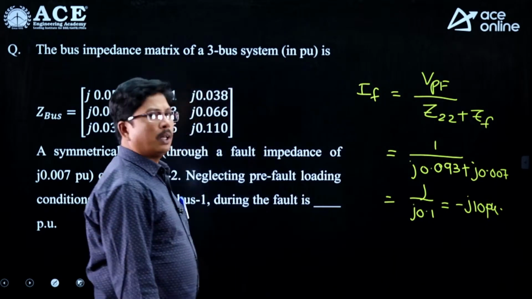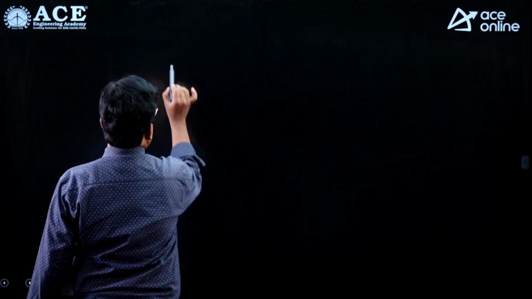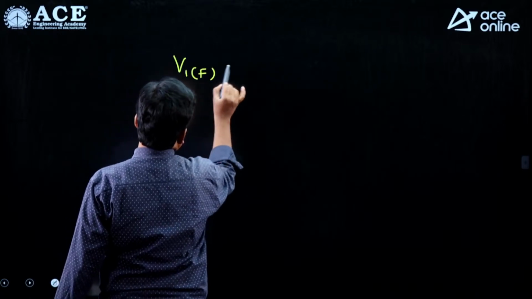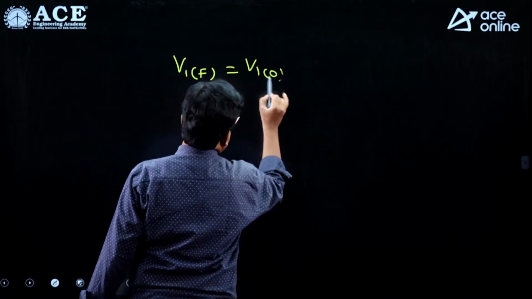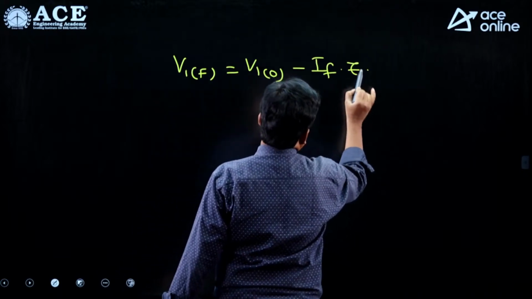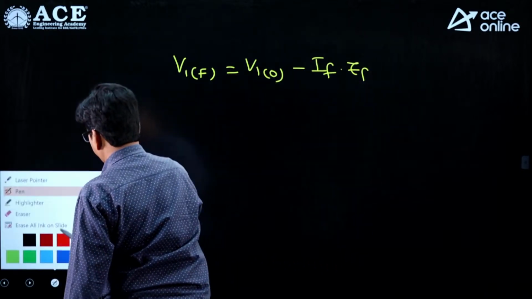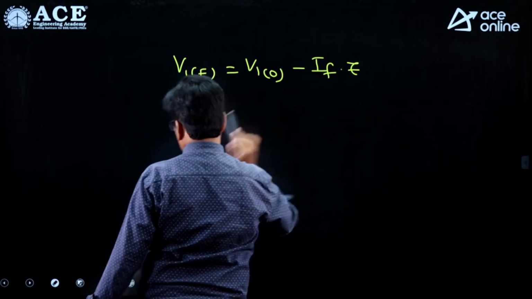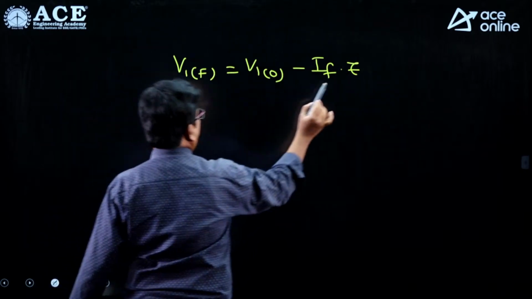And they are asking for the voltage at bus 1. The bus 1 voltage at fault condition is the bus 1 voltage at pre-fault condition minus the fault current into Z12, the impedance between the two buses.